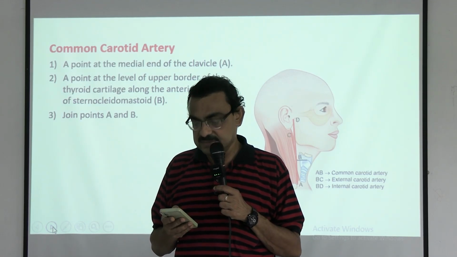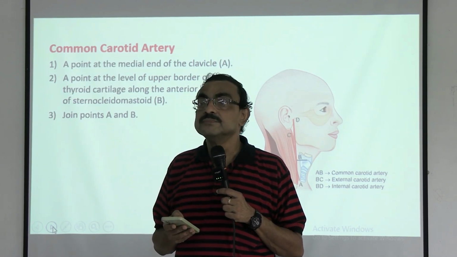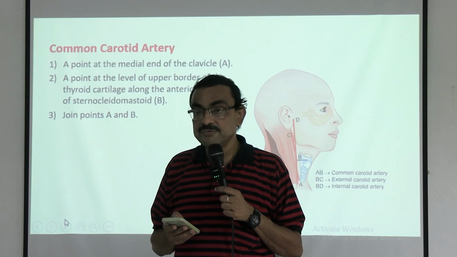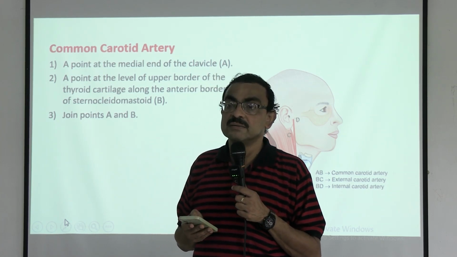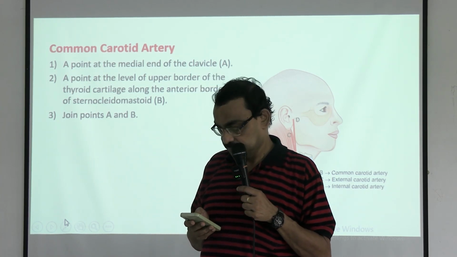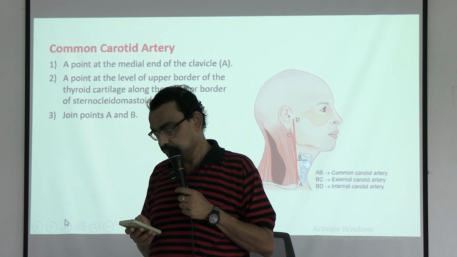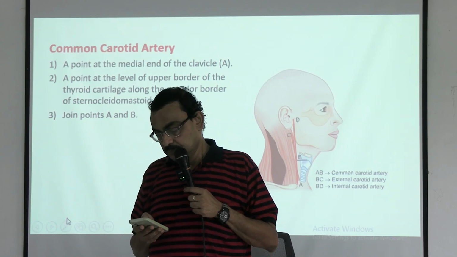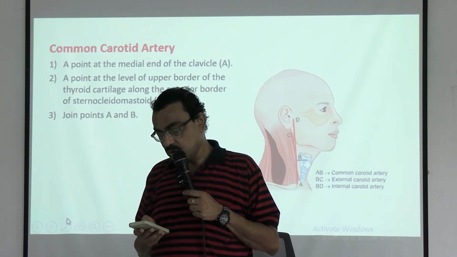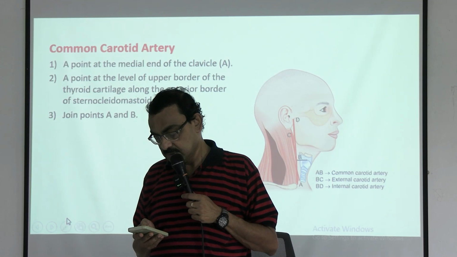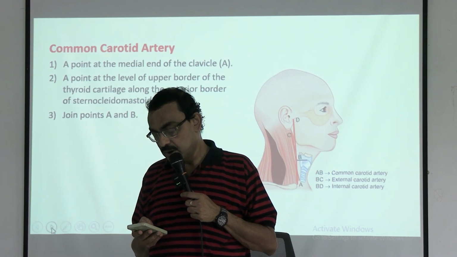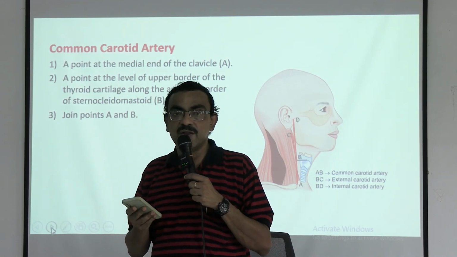Now about the lines. Number 1, right lobe of thyroid gland.